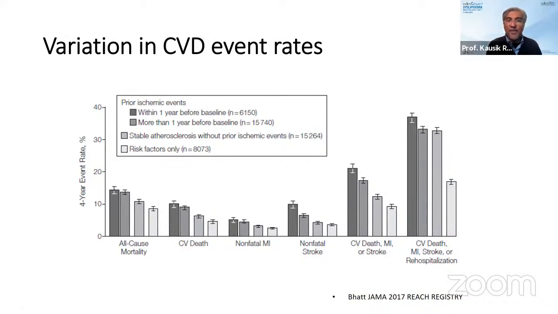Well, if I've had an acute event in the last year, we know that early period, that first year, carries the greatest risk. So I've self-selected myself as somebody who's got a very high risk over that next year. If I survive that period and I've had a previous history of an acute event, my lifetime risk is going to be pretty high, but it's not as high as in that first period. So my event rate is going to be a little bit lower, but I'm still going to be higher than other groups.